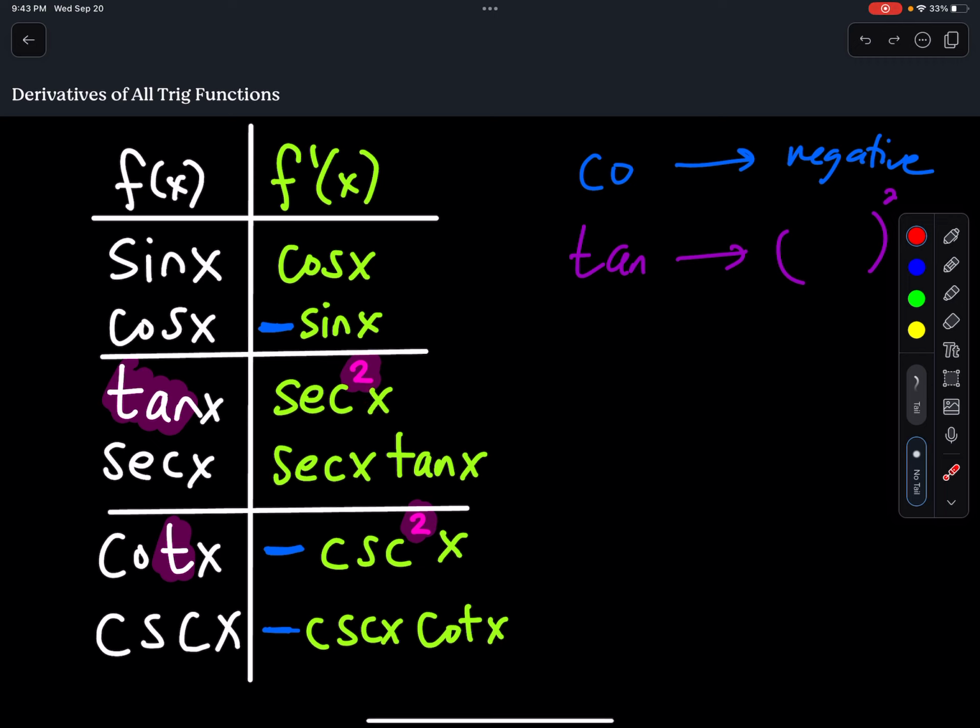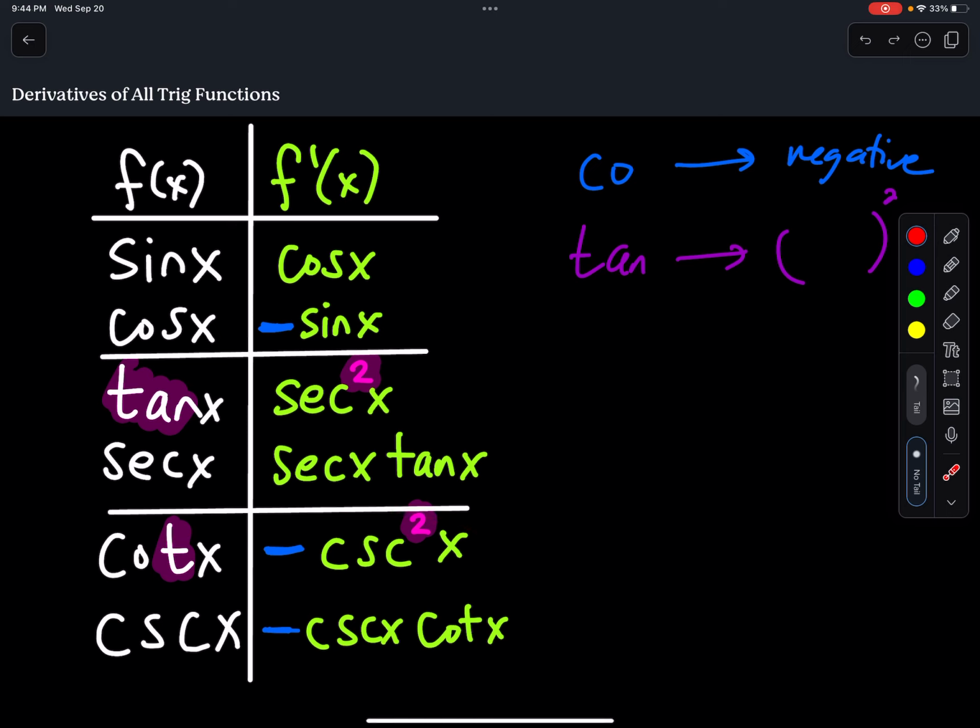The derivative of tan is secant, and since it's a tan, it's squared. The derivative of cotan, well, there's going to be a negative, and cotan's buddy is cosecant, and since it's a tan, it's squared. So you'll notice in this region, tan is paired with secant, therefore cotan is paired with cosecant.